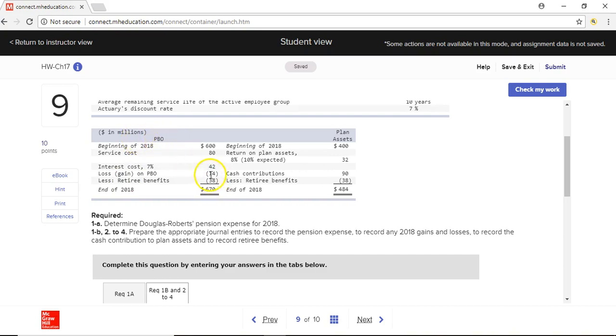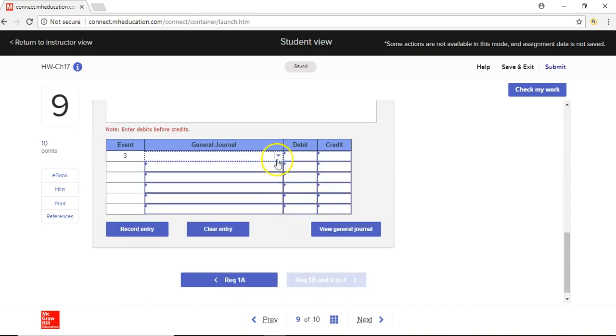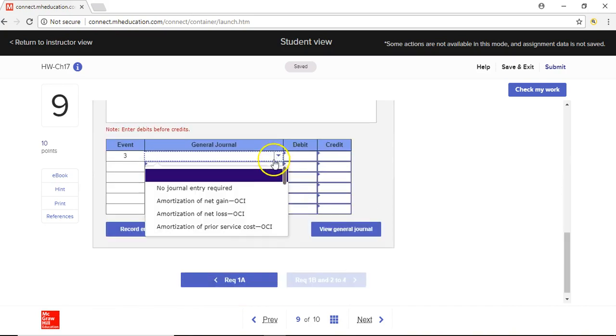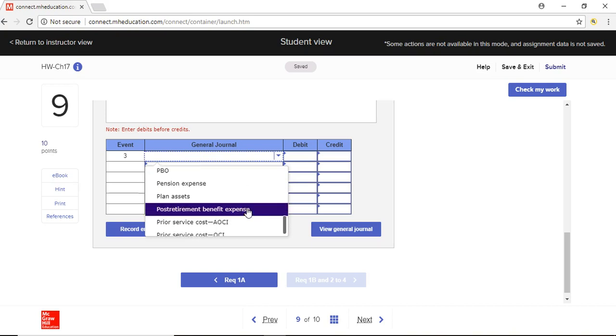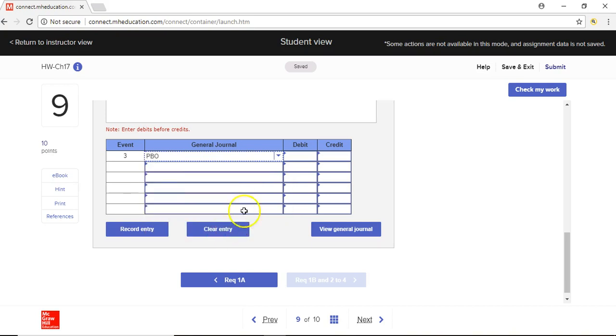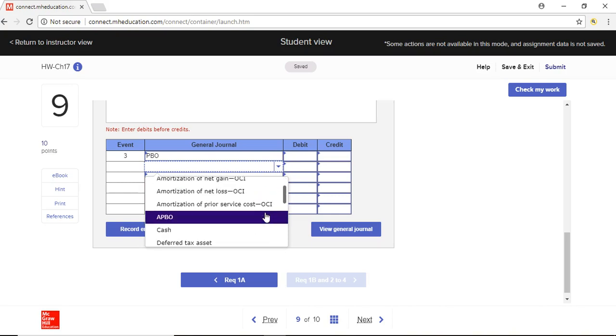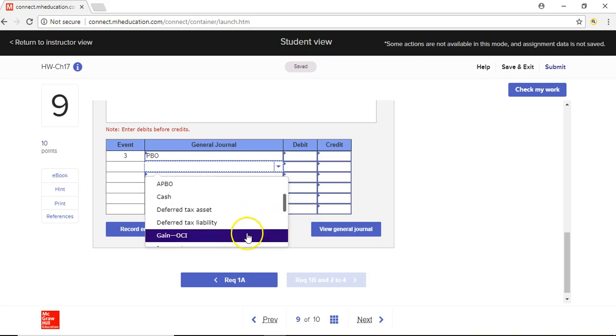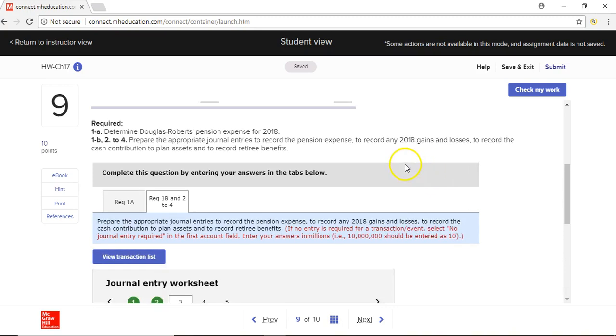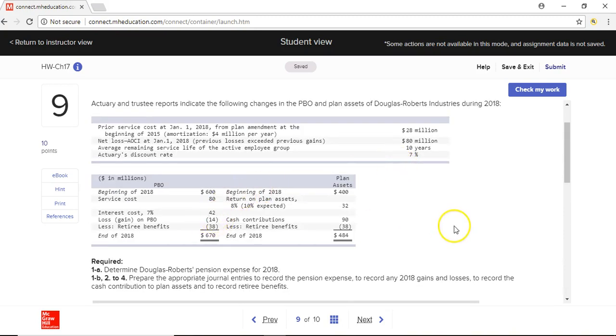If it's decreased, we debit PBO. So debit PBO and credit a gain by $14 million.